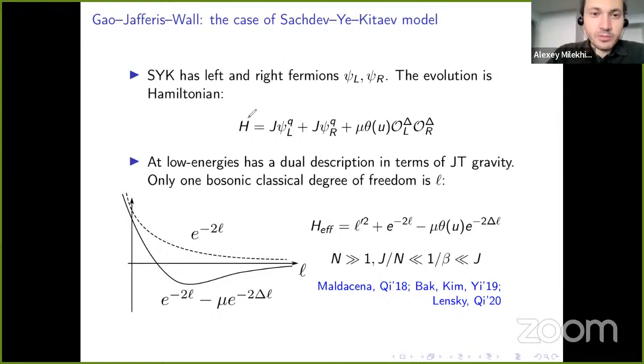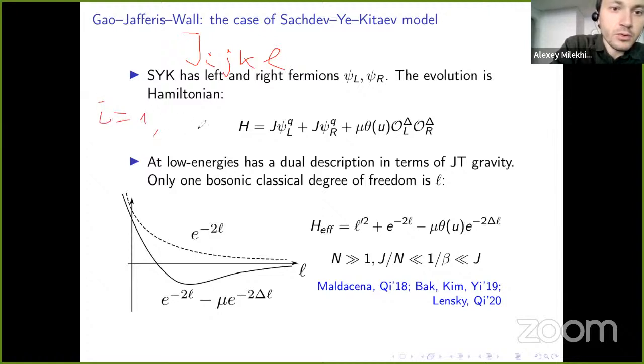The SYK model, here it's written very schematically, is in some sense the simplest model ever. You have some classical disorder, say J_ijkl, where each index runs from 1 to N, and you have some Majorana fermions.